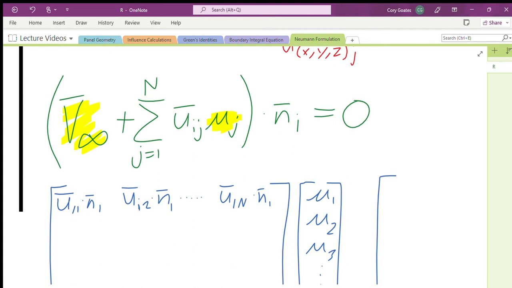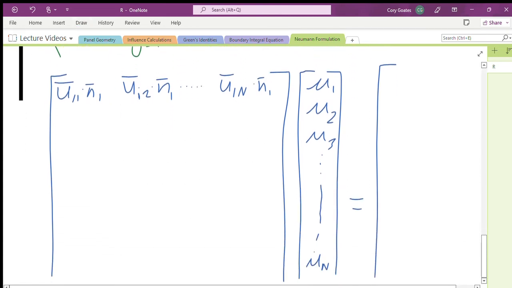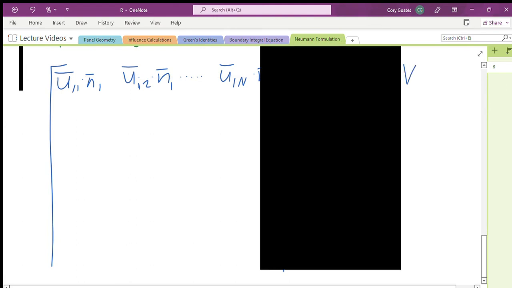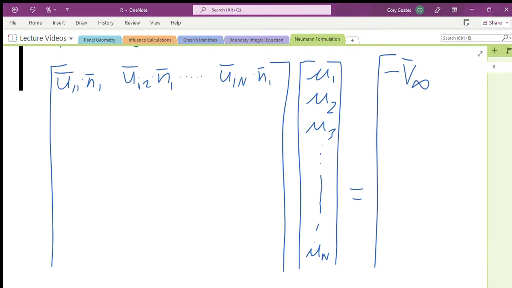And so we're going to move that over to the right-hand side of the equation, because nothing's unknown there, and we don't need to solve for anything. So on the right-hand side of my equation, I end up with negative V infinity dotted with n1. Okay? So now that's the equation on panel 1.